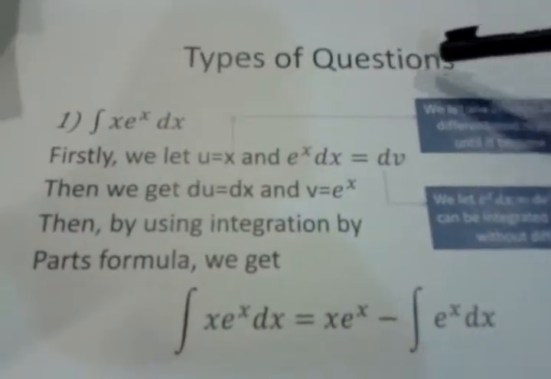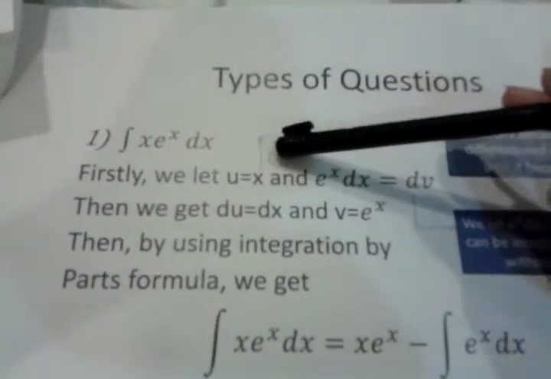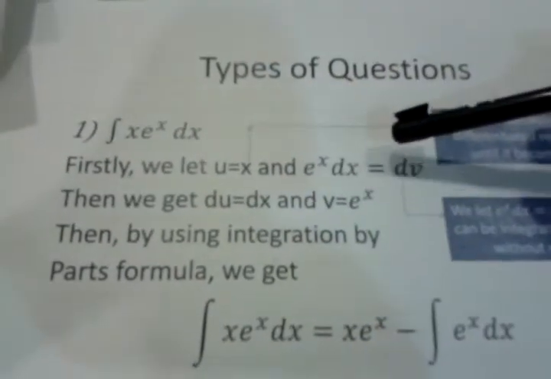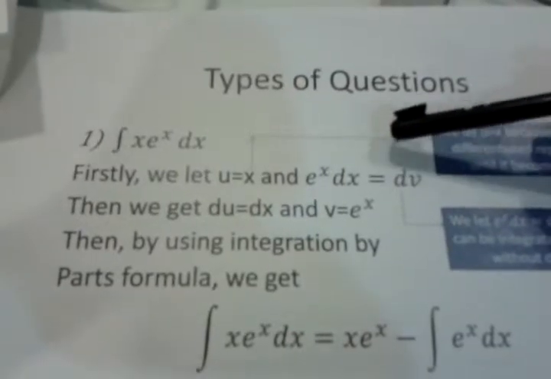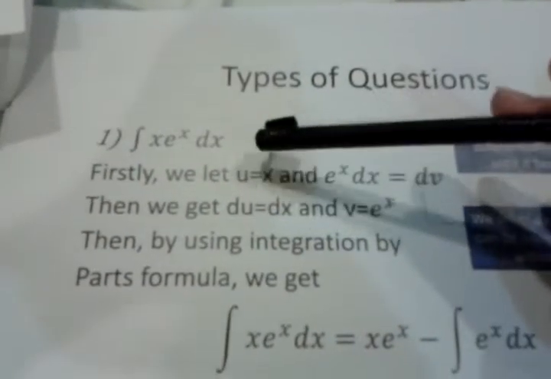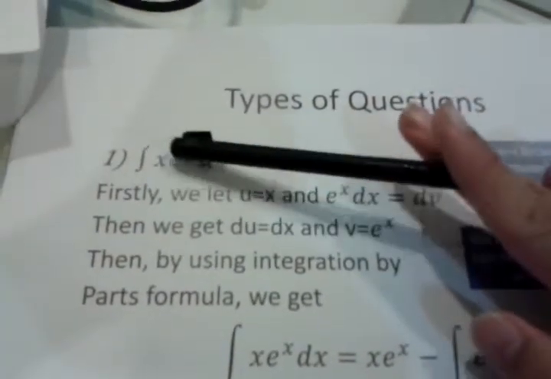The first type of question is x e to the power of x dx. Firstly, when we let something be u, it must be differentiable, and when we let something equal dv, it must be integrable. So we let u equal x.